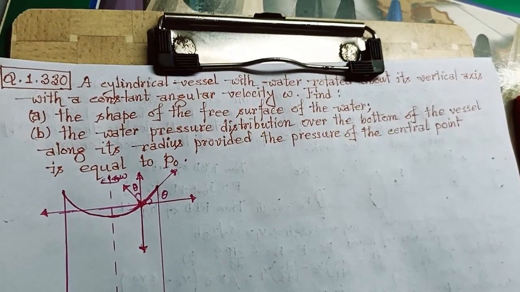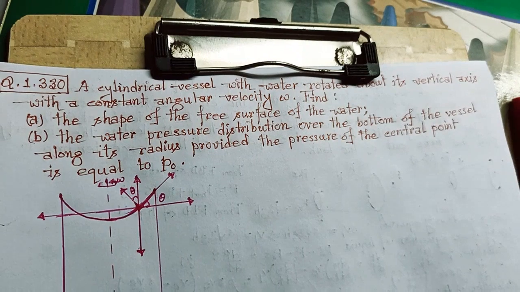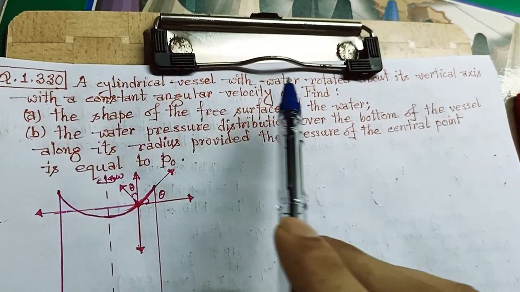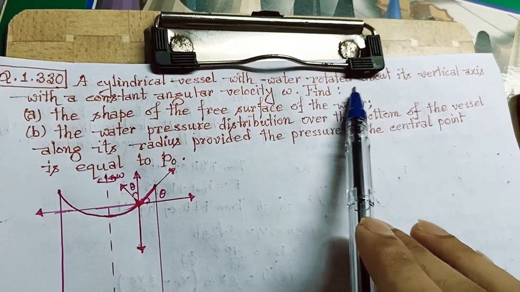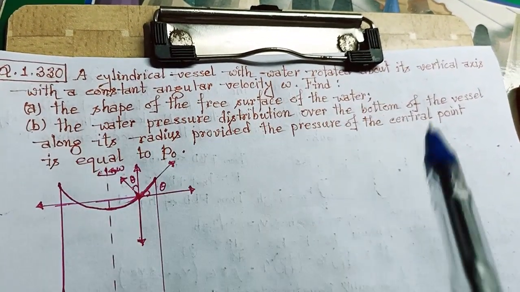Here is question number 1.330 from Irodov from Hydrodynamics or Fluid Mechanics. In this question it is given that a cylindrical vessel with water is rotated about its vertical axis with a constant angular velocity omega.